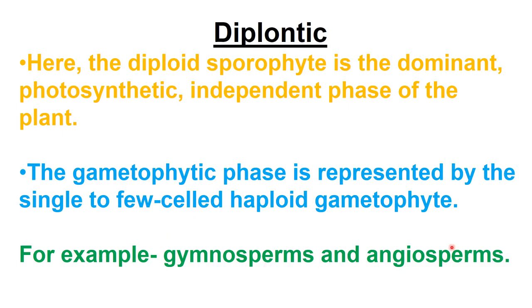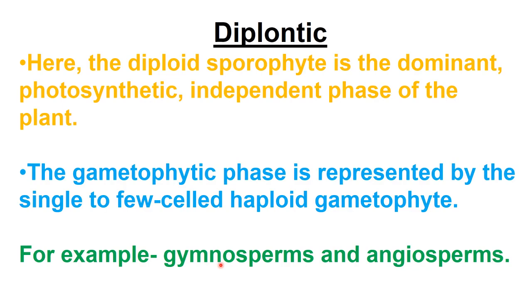So all the flowering plants and the gymnosperms that you see around you, those are showing diploid plant body. Like the plant body that you see, all the leaves, stem, roots, all those are having diploid cells, and that is sporophytic plant body.